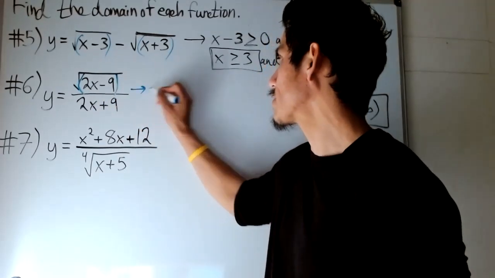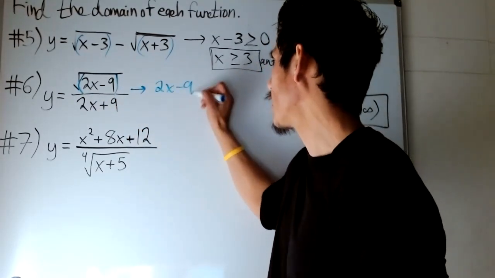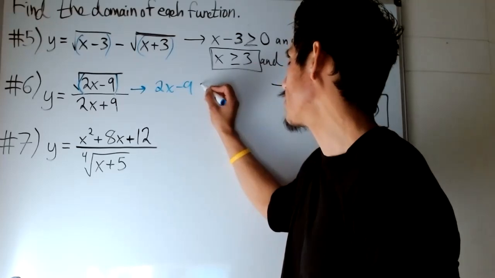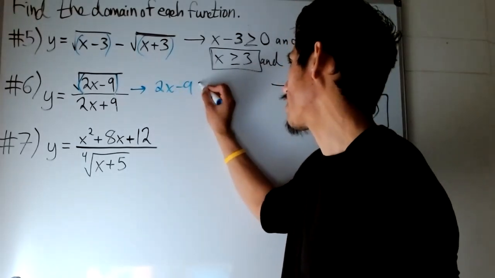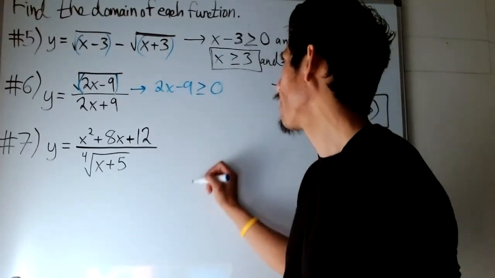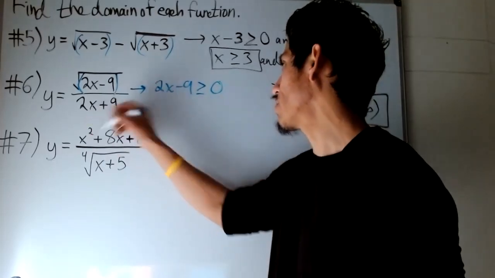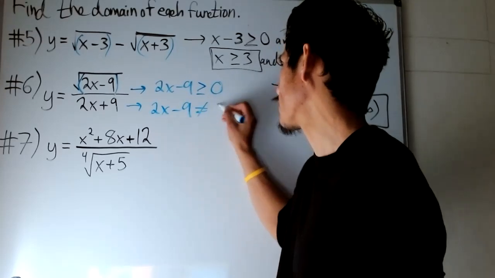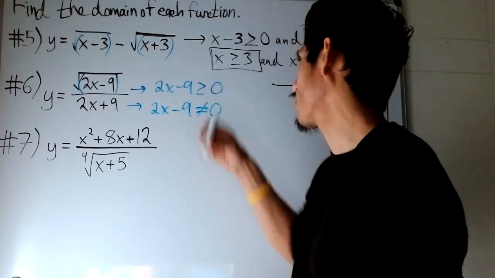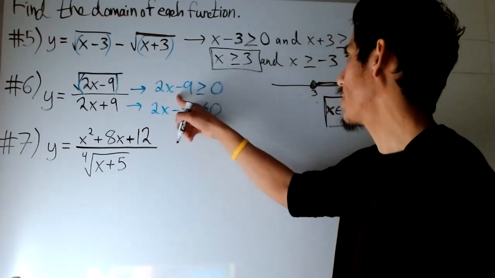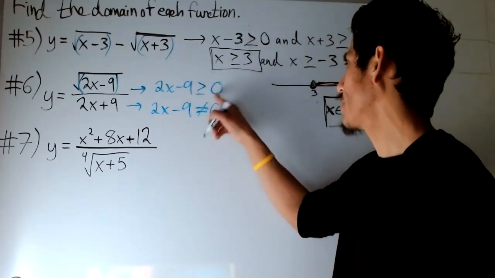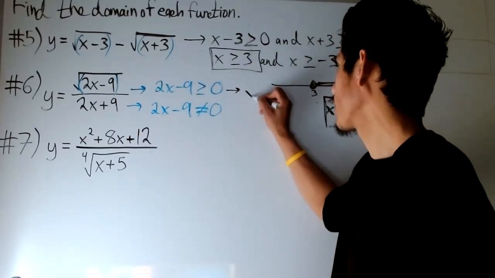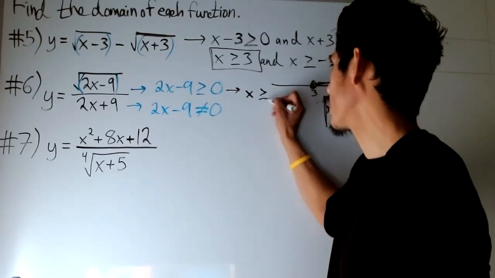So 2x minus 9 has to be greater than or equal to 0. But then also 2x minus 9 can't be equal to 0. So we're just going to include an extra number when we solve these. So then adding 9 and dividing by 2, we're going to get x is greater than or equal to 9 halves.